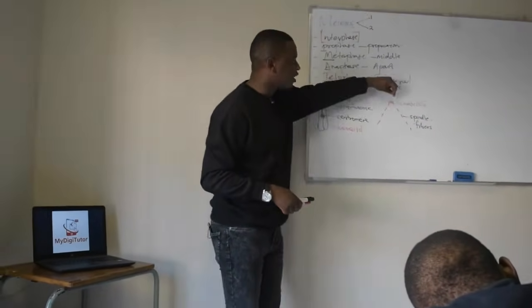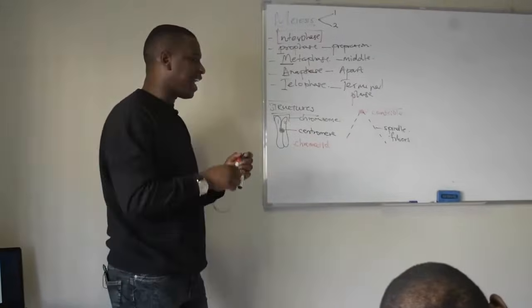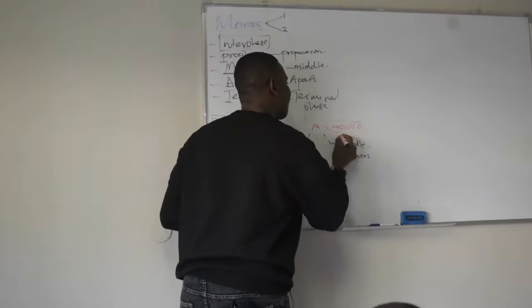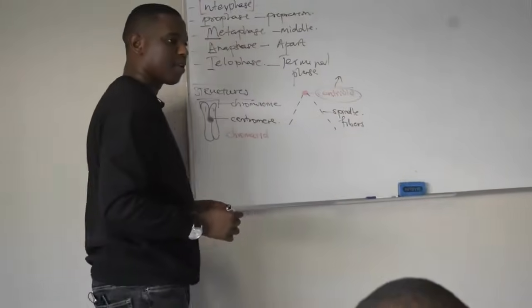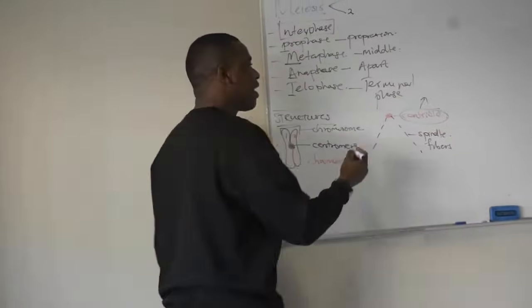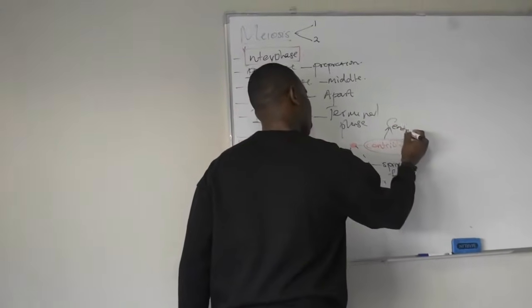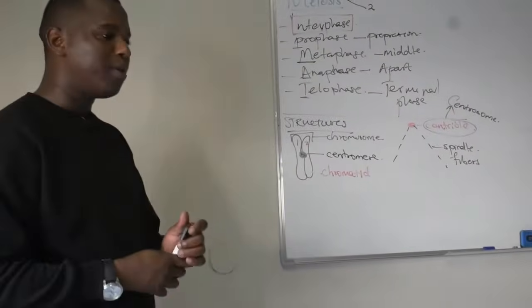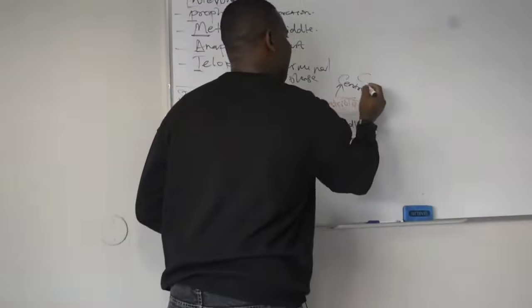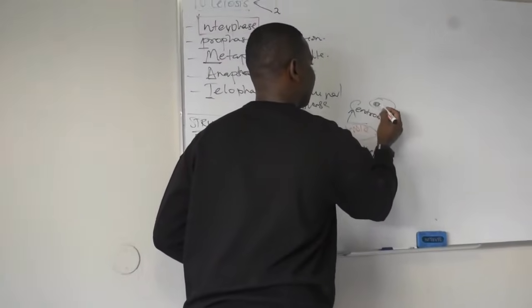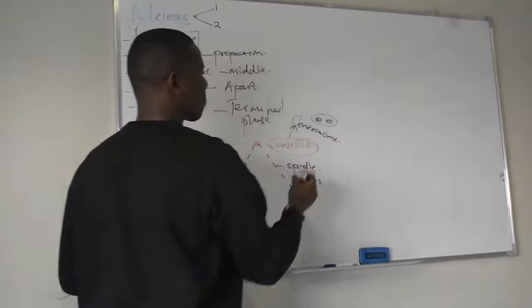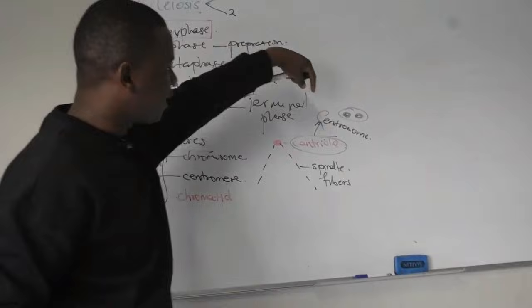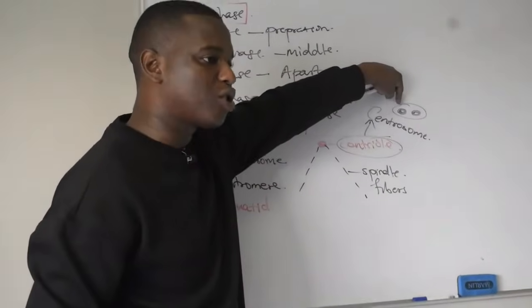So that's a centriole. Now a question will say, where is this centriole coming from? Now the centriole comes from what is so-called the centrosome. So you have a centrosome. When they indicate a centrosome, you're going to see something like this. So the big thing, this one, is the centrosome.